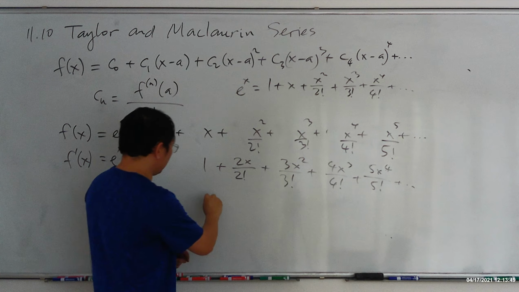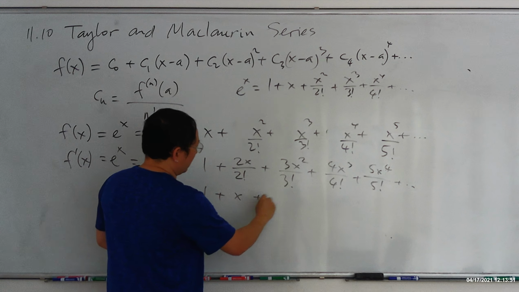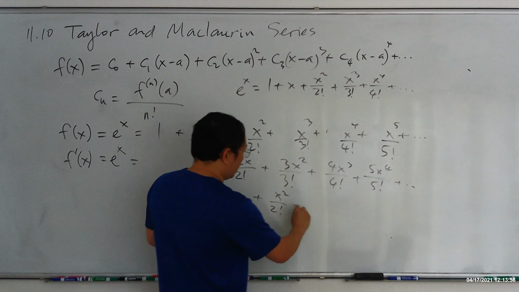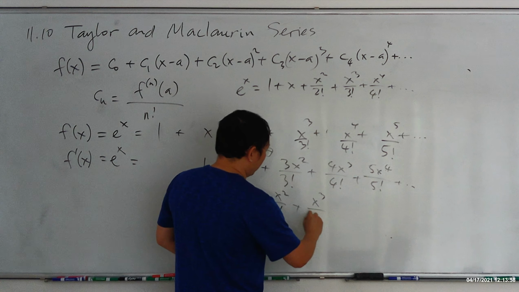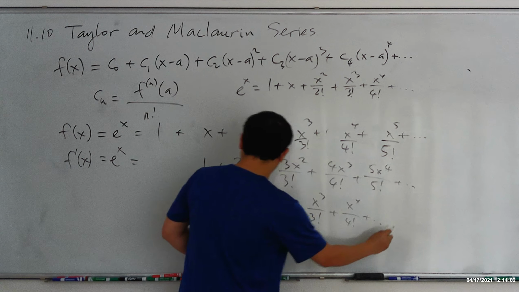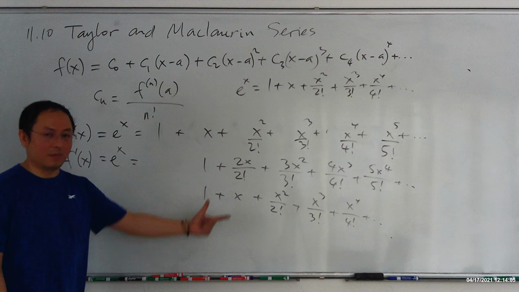You see what? This is just 1 plus x plus x squared over 2 factorial because the 3 cancels out. This is x cubed over 3 factorial, x to the 4 over 4 factorial, plus. So the derivative is about the same.